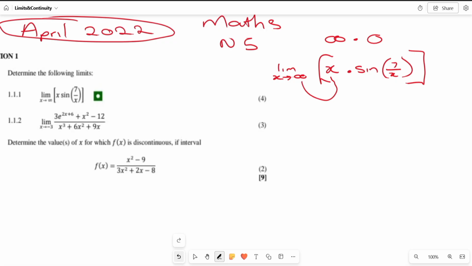Also, how did I know that this is going to be 0? Sine 7 over x is going to be 0. Guys, I mentioned that it is very important that you know dividing with a very large number is equal to 0. So this would be 7 over infinity, right? 7 over x is 7 over infinity. Imagine dividing 7 with 100, and then you divide 7 with 1,000.